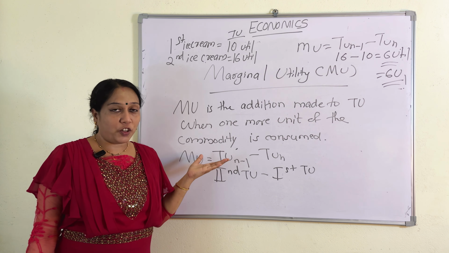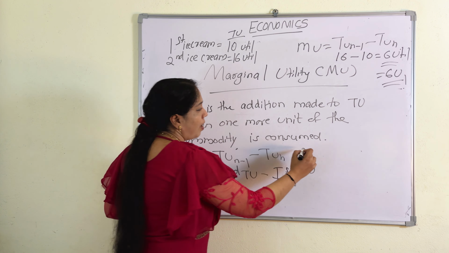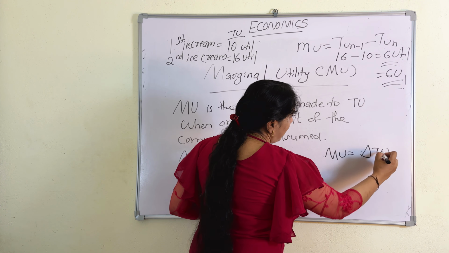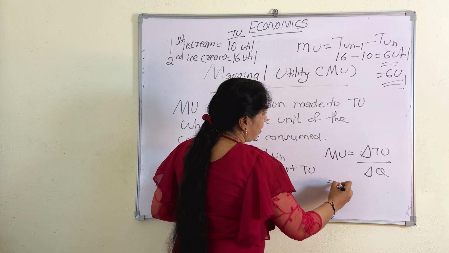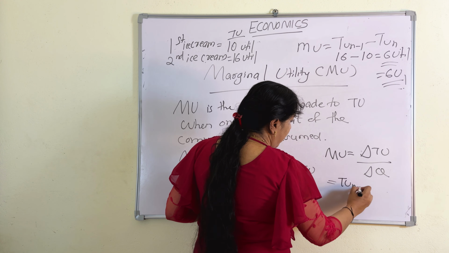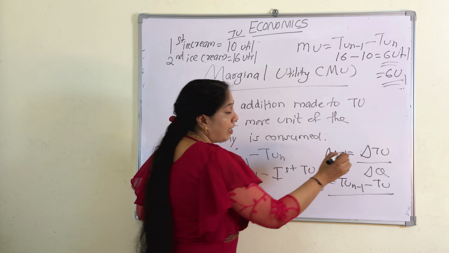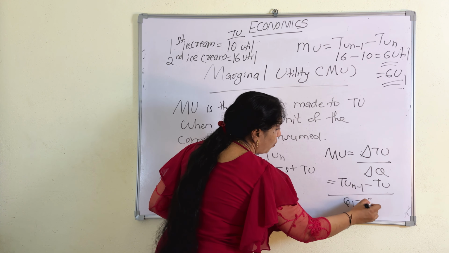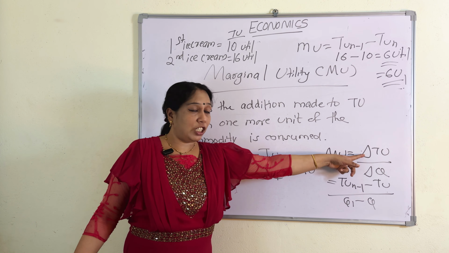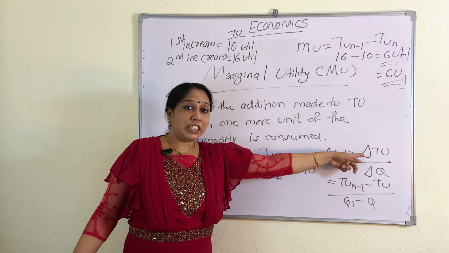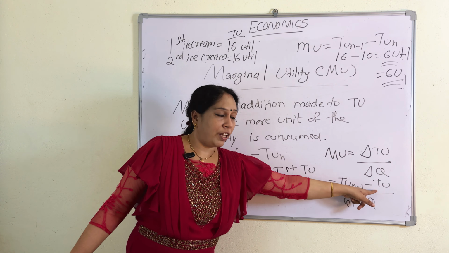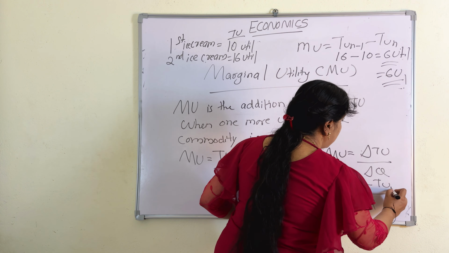One more formula is there to find out the marginal utility. That is, marginal utility is equal to delta TU by delta Q. How to find out the delta TU means second total utility minus first total utility, that is change in total utility, TUN minus 1 minus TUN.